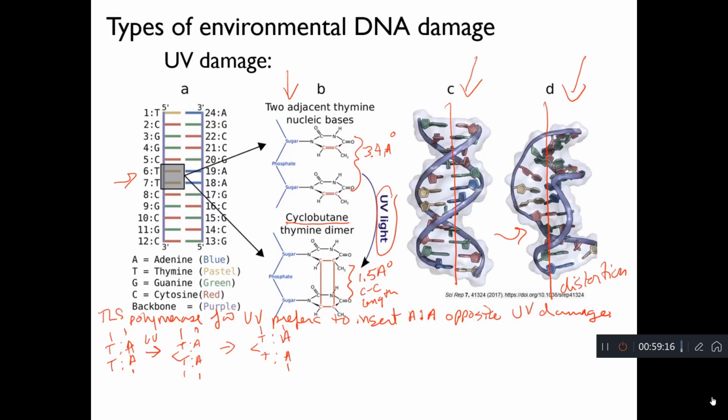Well, that's great. And again, obviously the other strand is all fine and dandy. So in this instance, even though there was DNA damage, the TLS polymerase has inserted A's opposite it. So there's no mutagenesis, right? Because it inserted the correct bases. So the sequence is unchanged. So no mutagenesis.